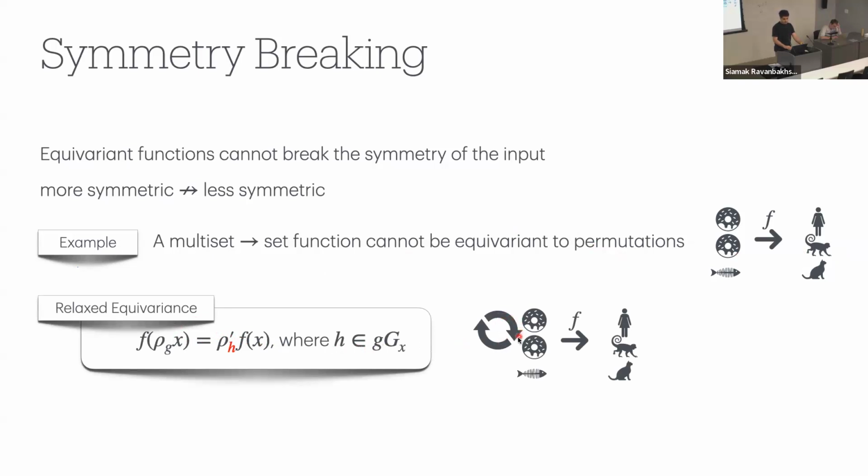So in this case, if you now swap the donuts, because these are symmetries of the input, the output can remain the same. There is also some headway towards designing relaxed equivariant networks in this paper, but I don't think the problem's settled. There are a bunch of interesting follow-up works, including one from Omar that is in my list.